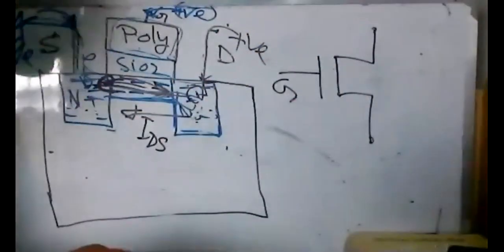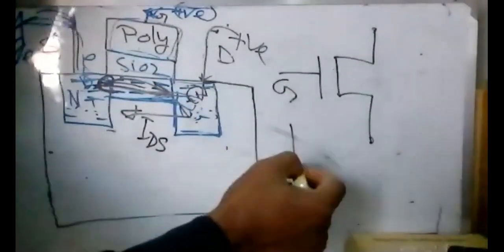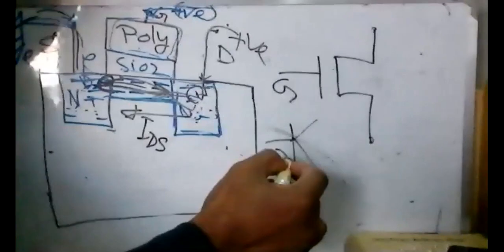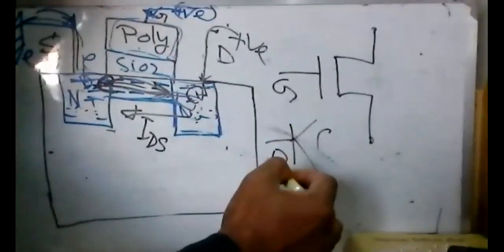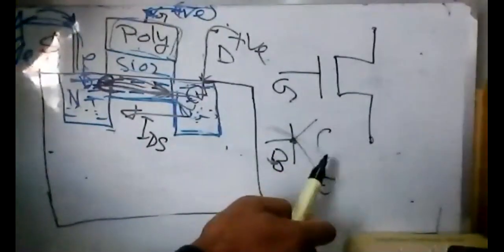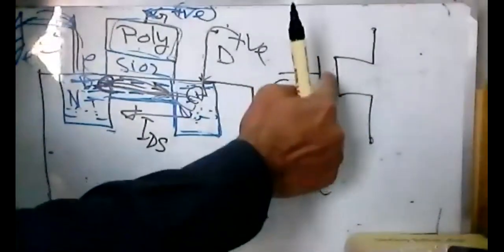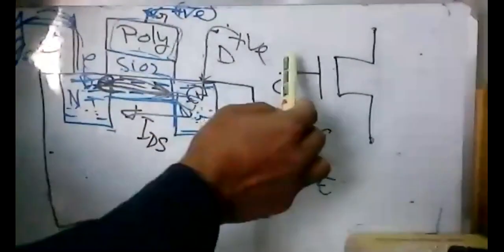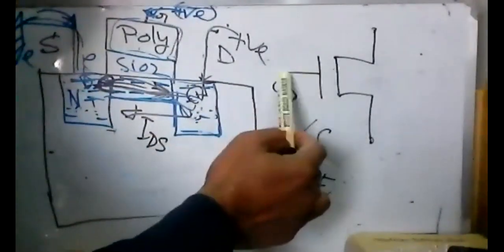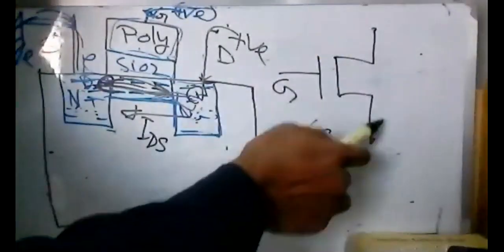This is very similar to the BJT symbol, but in the BJT there is a base, collector, and emitter, and the collector and emitter have a connection with the base. Here there is no connection; there is a gap. That is a good thing for the MOSFET, so there is no current loss. There is a voltage, but no current is flowing.